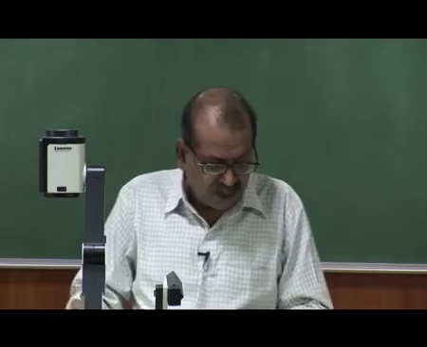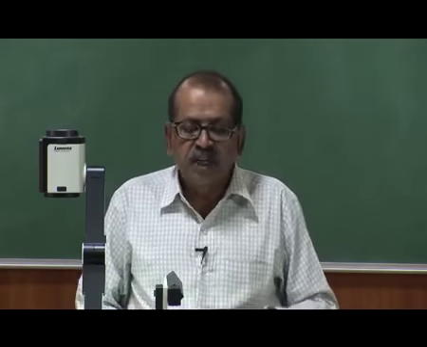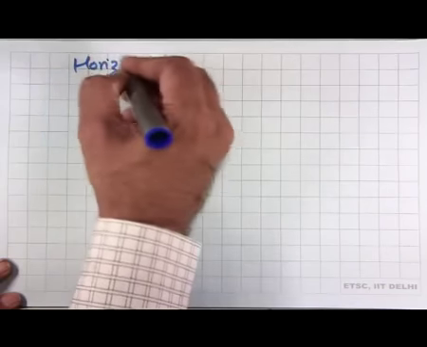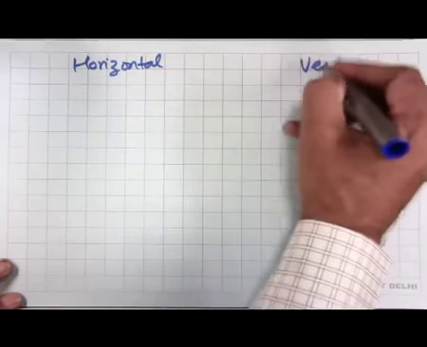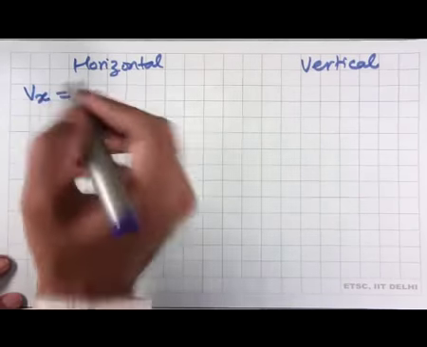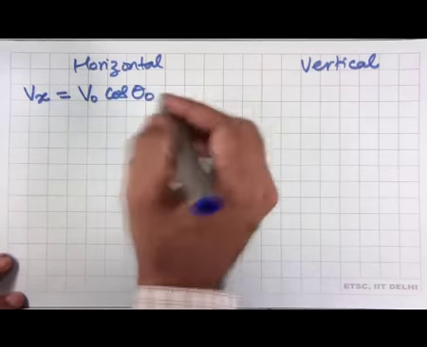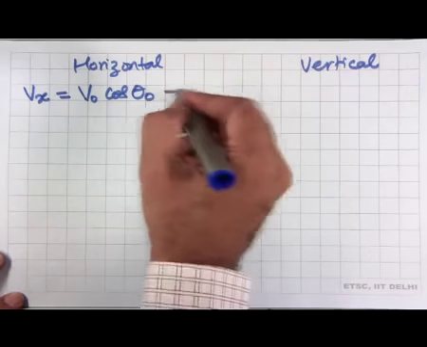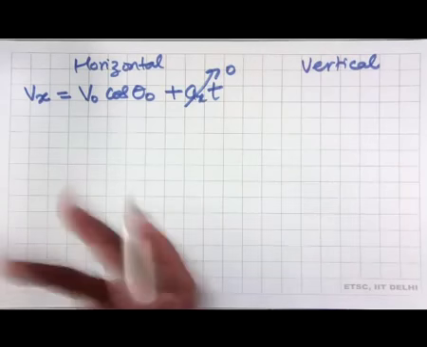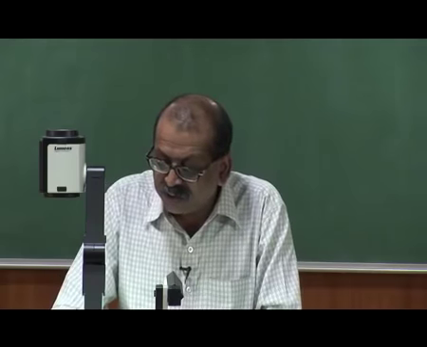So, we write the further equations for Vx and Vy and the displacement along x and y, and as before we split the horizontal and the vertical components separately. At any time t later, Vx will be given by V0 cos theta 0 plus ax times t, but because ax is 0, the x component of velocity will be constant.